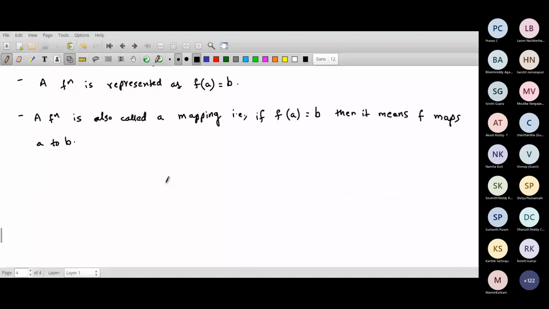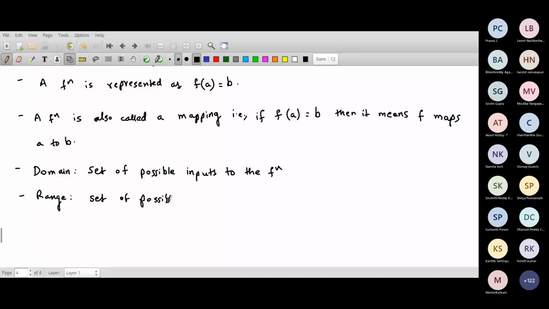And we also already know what is the domain and range of a function. Domain is the set of possible inputs to a function. Range is the set of possible outputs of the function.